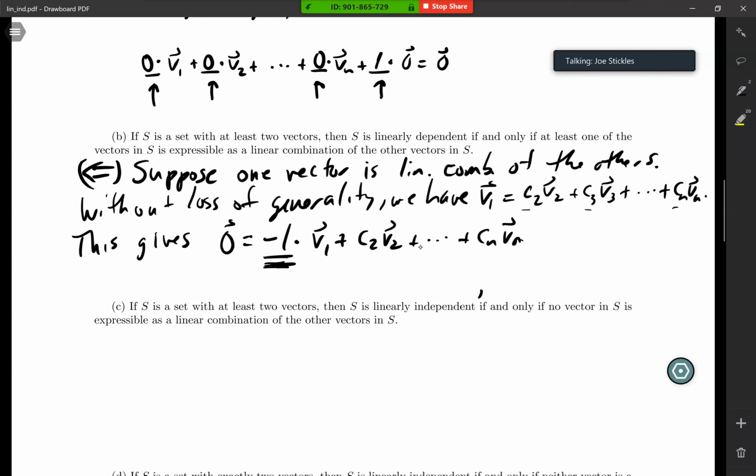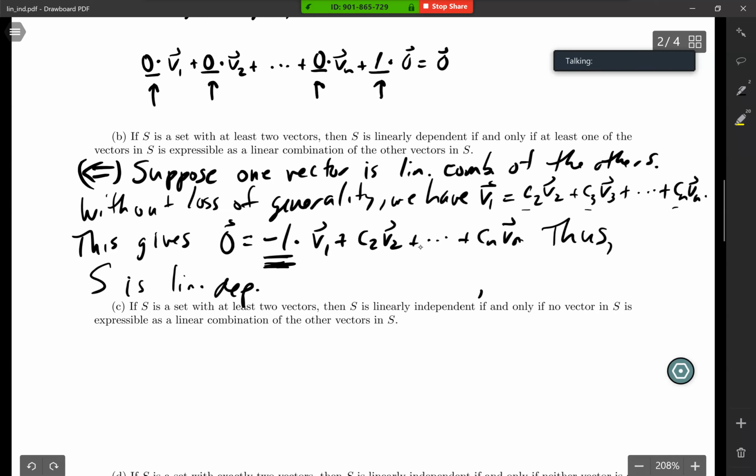Now, when you get to abstract algebra next semester, you might have a situation where negative 1 really is equal to 0. You never know. But today, these are real numbers. You don't have to worry about that. Negative 1 is not equal to 0. So, therefore, S is linearly dependent. Questions on that at all?